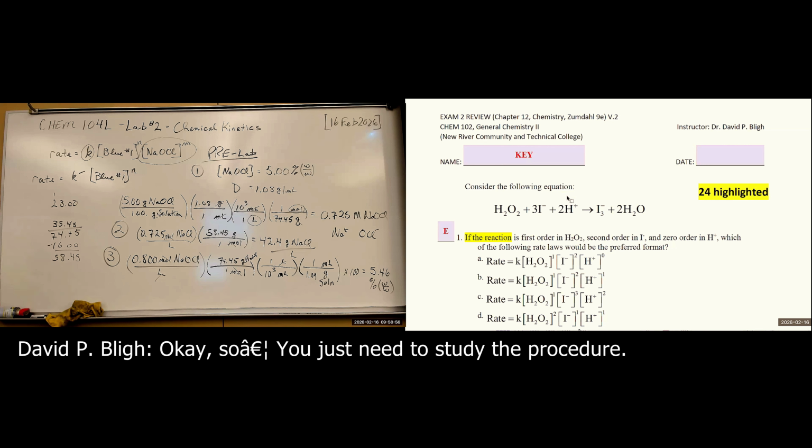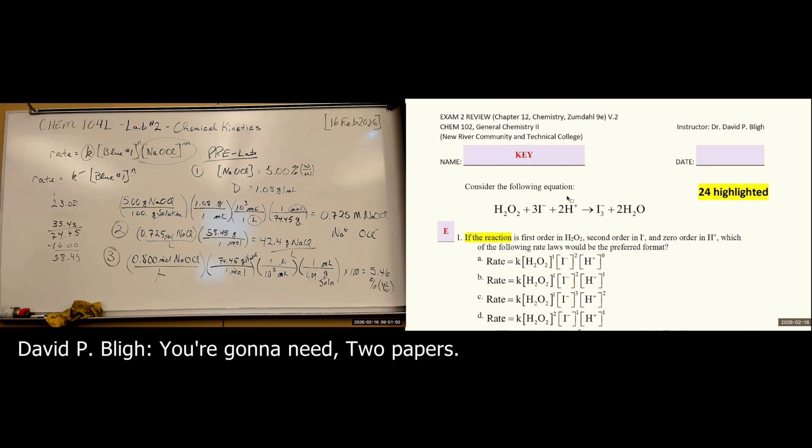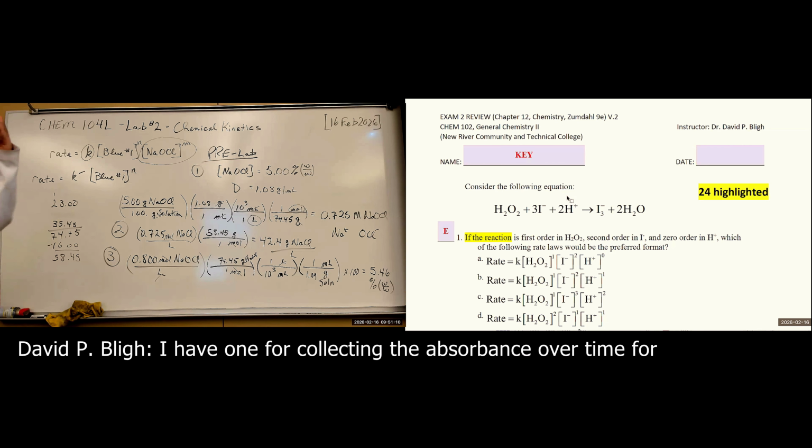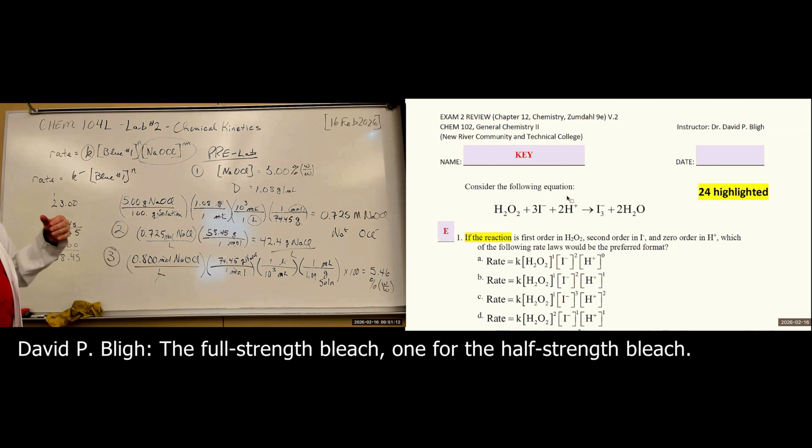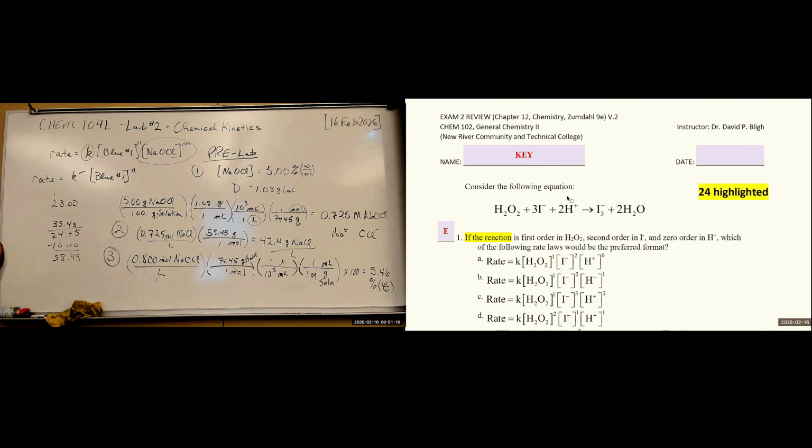Okay. So you just need to study the procedure. Have your notebook set up to receive the data. You're going to need two tables. Right? One for collecting the absorbance over time for the full strength bleach, one for the half strength bleach.